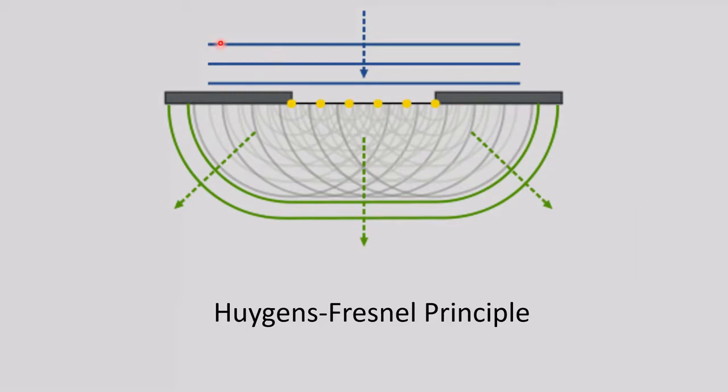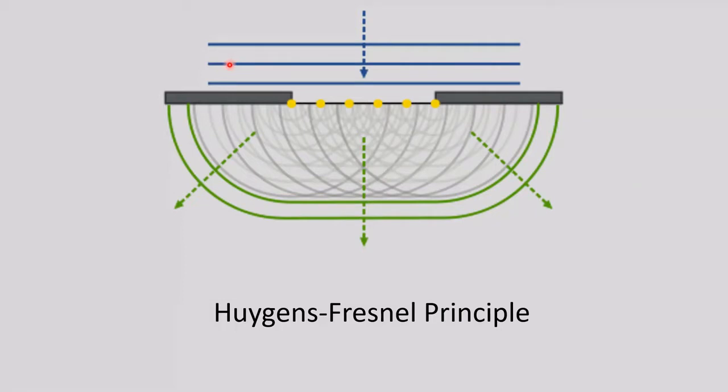So here comes an incoming plane wave, and the idea of the principle is this. Each point on a wavefront can be thought of as a source of new waves radiating outwards. So that's not really drawn on these blue bars here, but take this middle blue bar.